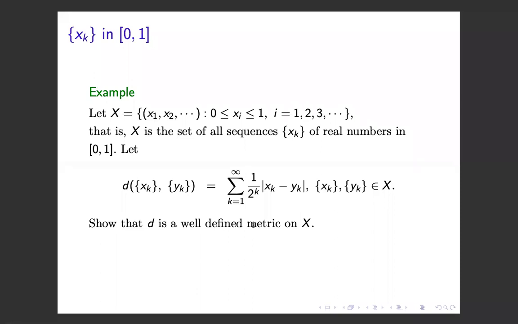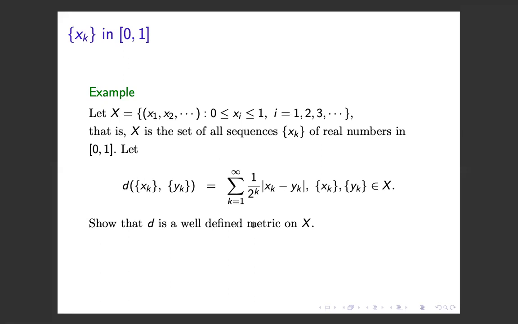So one attaches a weight corresponding to each k. For example, if we just say the summation over k of |x_k - y_k|, you will have issues concerning convergence. To avoid that, this is one strategy one follows if you have to deal with an infinity of indices while considering summation.